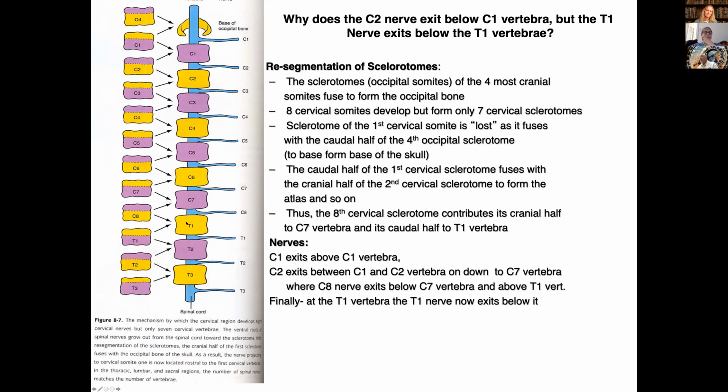Now here's thoracic vertebra 1, and what comes out of it? T1, okay? So this is called resegmentation of the sclerotomes, and it helps you understand why you have those differences in where cervical nerves are coming out of the spinal cord.